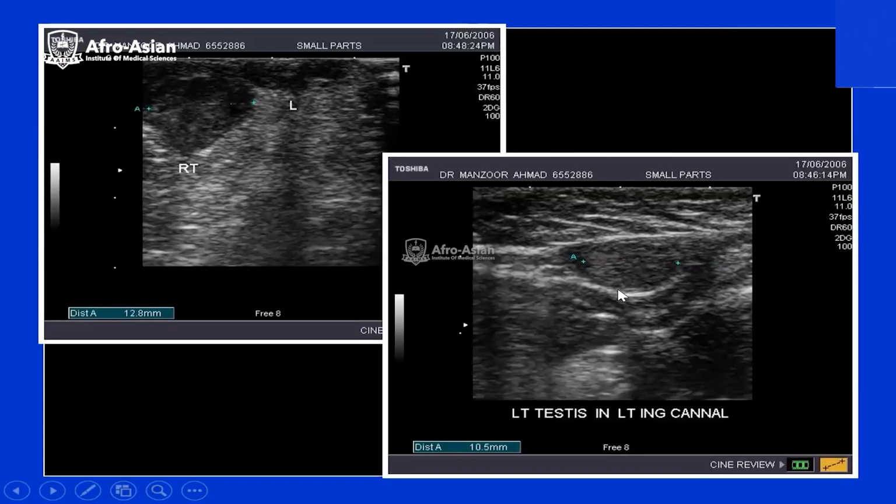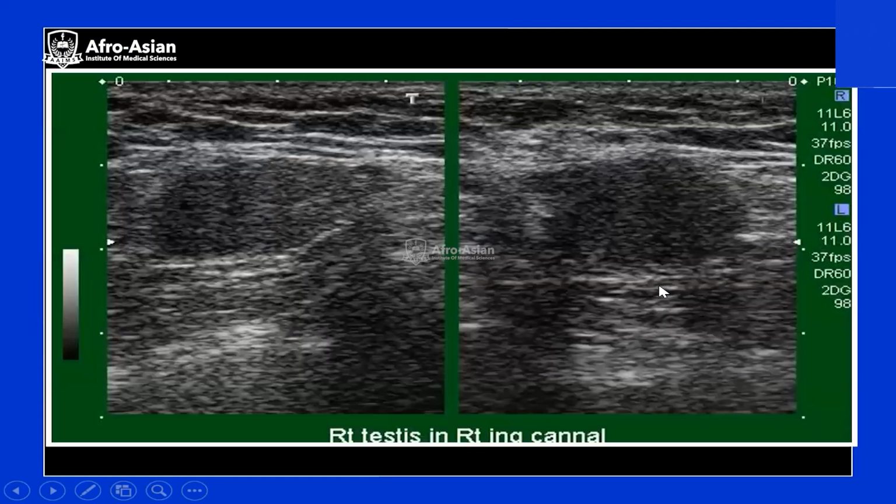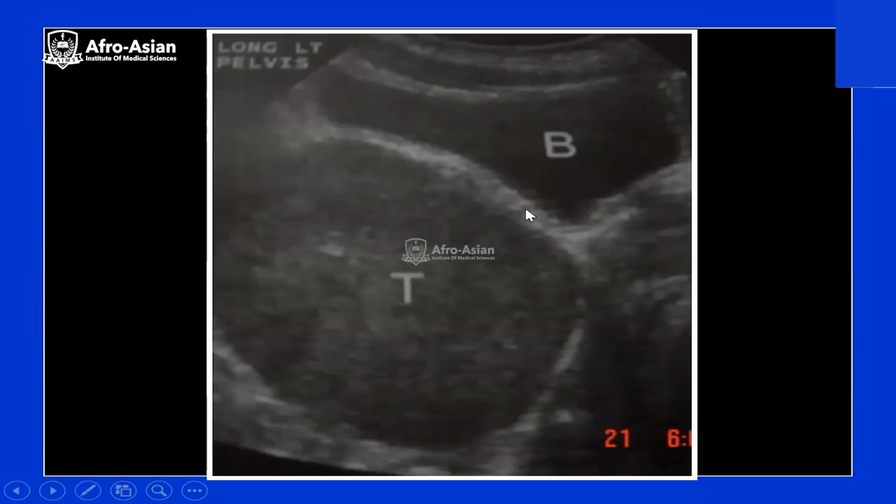In inguinal canal, right testicle is in the scrotum, left is not visible, which is lying in the left inguinal canal. Right testicle in inguinal canal. You can see it is the prepubic place.